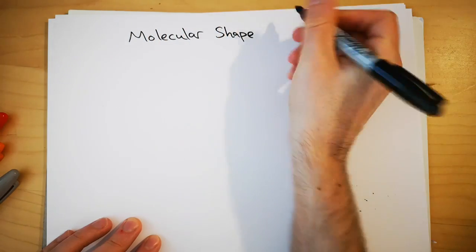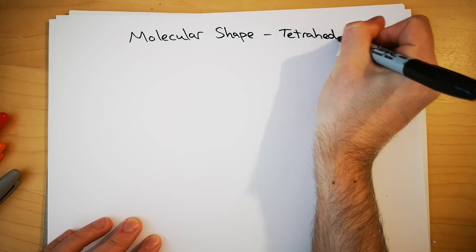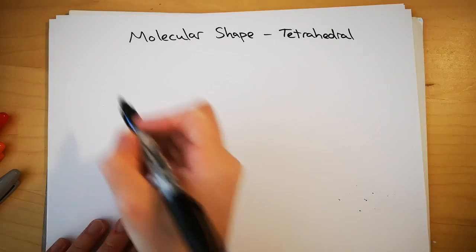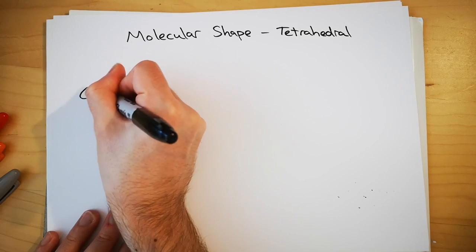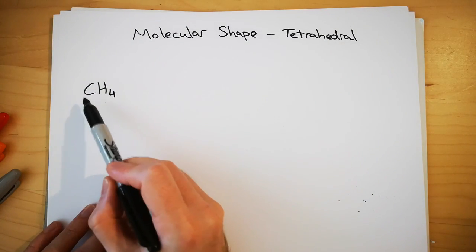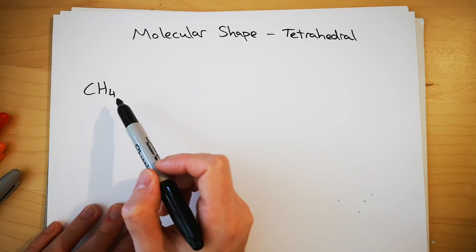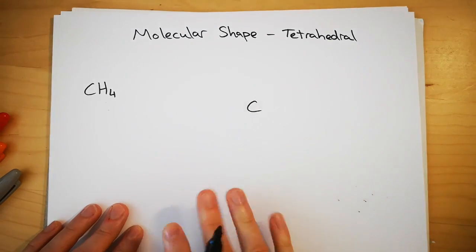This is our fourth molecular shape, and this is a tetrahedral. So the classic one for our tetrahedral is our methane molecule, CH4. Once again, I've got a single element of carbon and a multiplicity of another element, and so this is going to be my central atom, carbon, in there.